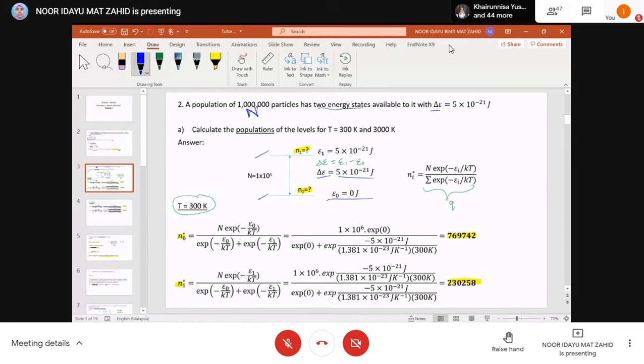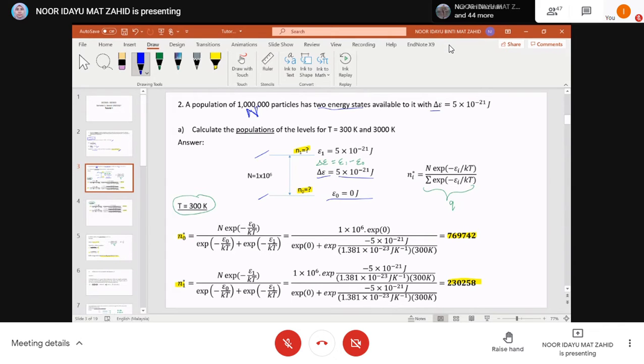And the 1 million particles should occupy only these 2 energy states given in the question. So 2A, calculate the population of the levels for temperature 300 Kelvin and 3000 Kelvin.